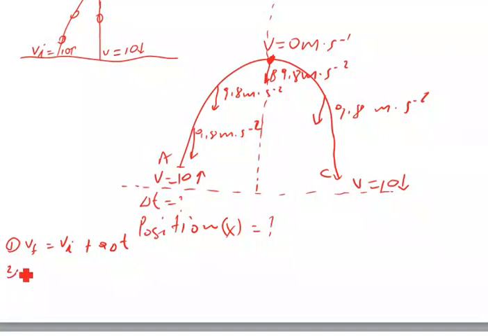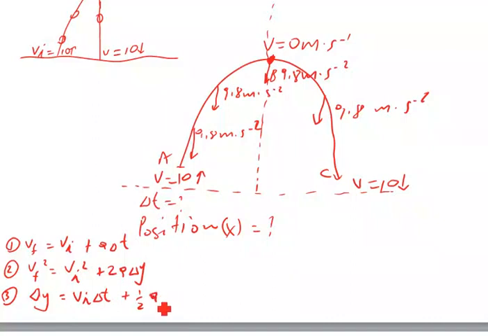Number 2 is the final velocity squared equals the initial velocity squared plus 2a delta y. Number 3 is delta y equals the initial velocity times delta t plus 1 over 2 a delta t squared.